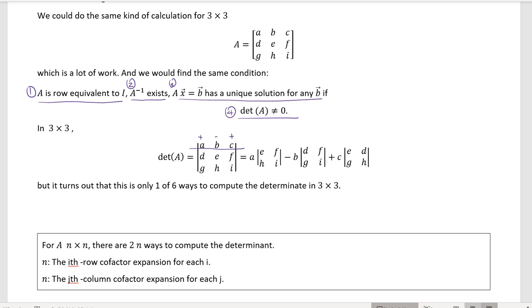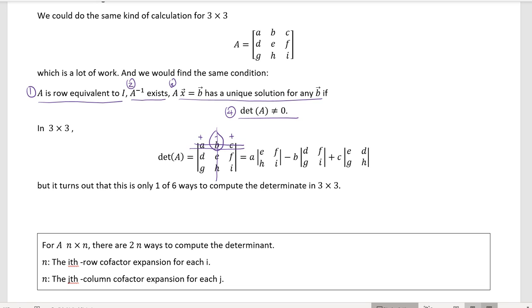And how we do it, we use positive A times the determinant of the submatrix by deleting the first row and the first column. So that's why we have A times the determinant of this submatrix. And then we have minus B times the determinant of the submatrix by deleting the first row and the second column.